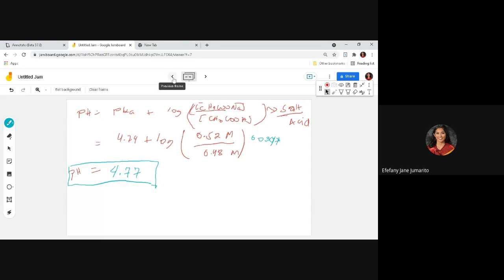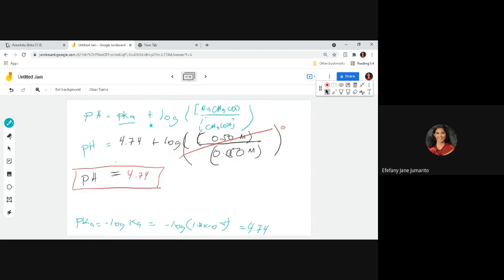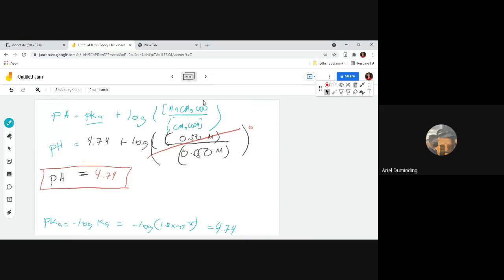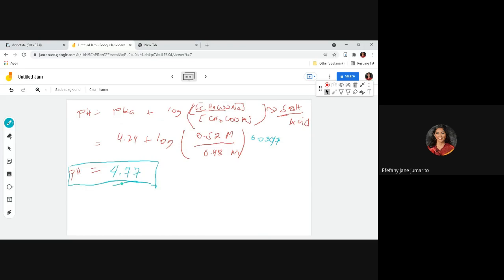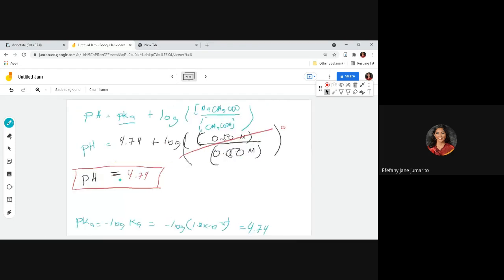You can also check your answer: because you add more base, class, what will happen to the pH? The pH will increase. You see that one? It increased because you added more base. That's why it increased to 4.77. It's less acidic compared to this one.